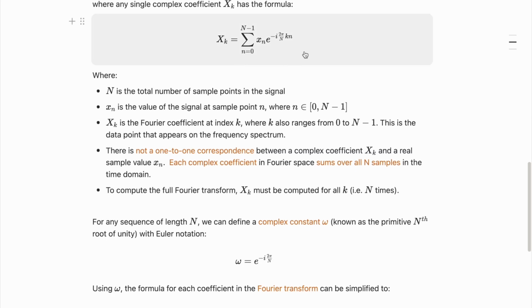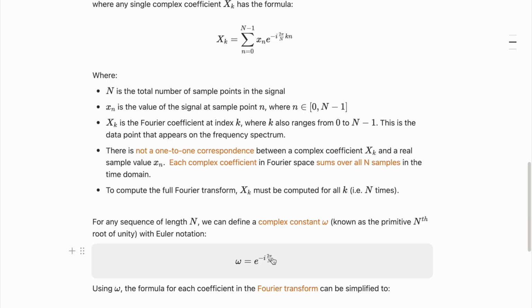Now we can simplify this, or rather just create a shorthand for representing this Fourier formula. What we can say is we can define a complex coefficient that we call omega that's equal to e exponentiated to negative i times 2 pi divided by n. This is all a constant.